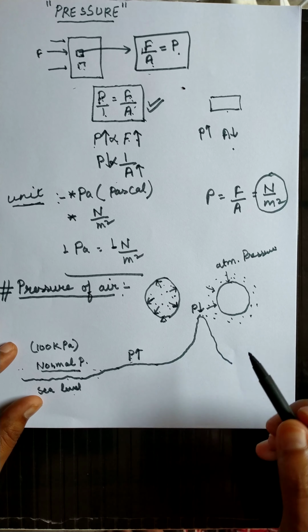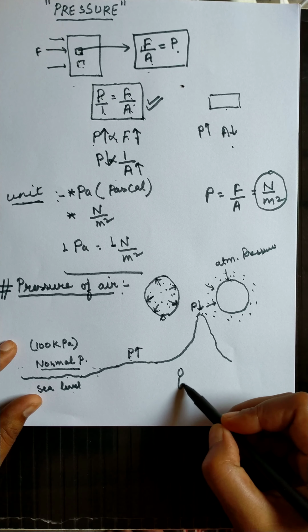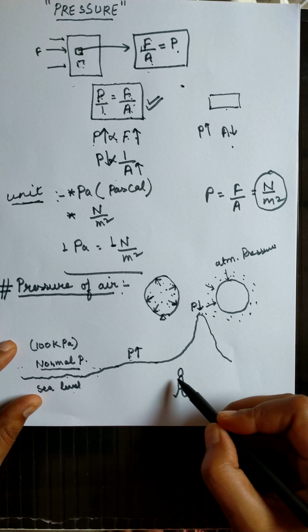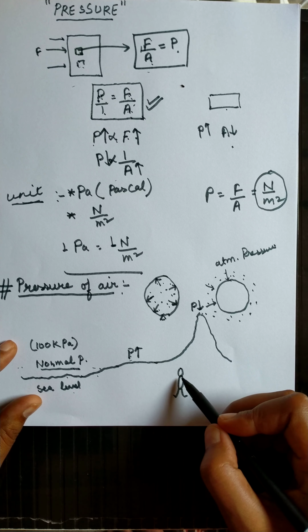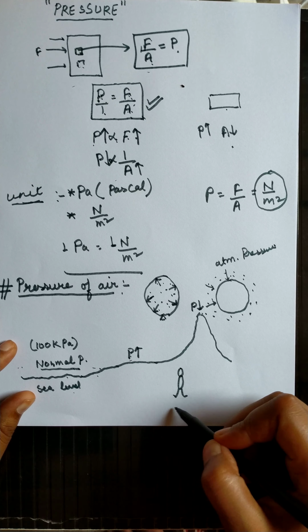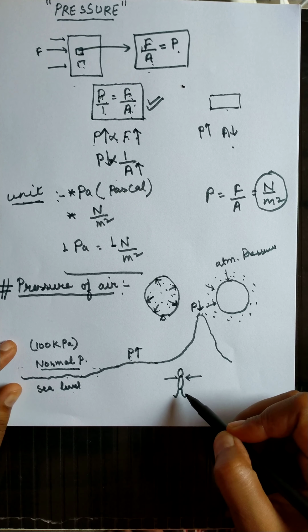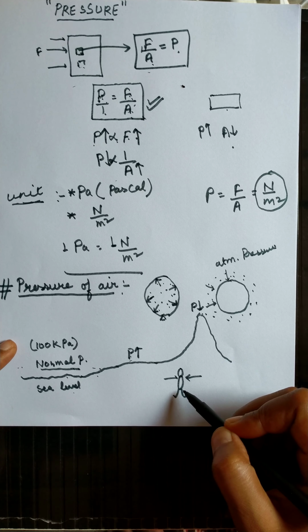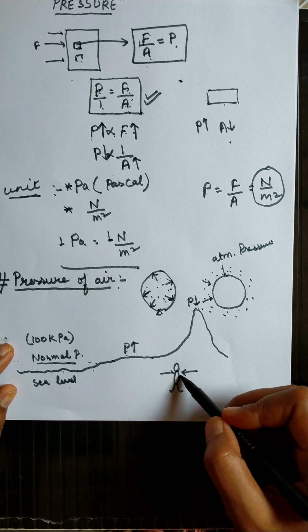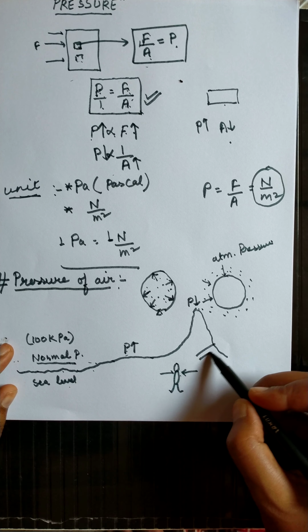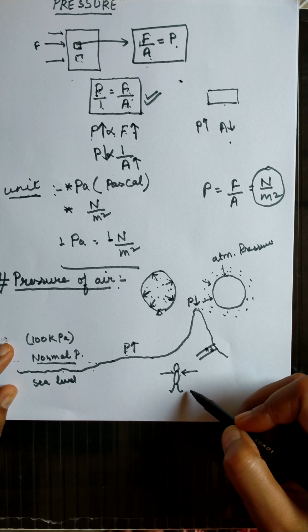One more thing: the pressure applied on the body of objects. Since the atmosphere applies pressure on objects on the earth too, due to this pressure the blood stays inside the blood vessels. Otherwise, if this pressure were not there, the blood vessels would burst due to the pressure of blood.